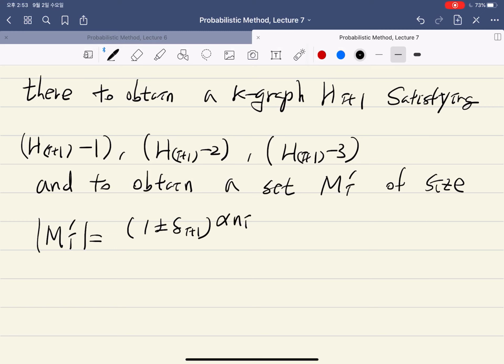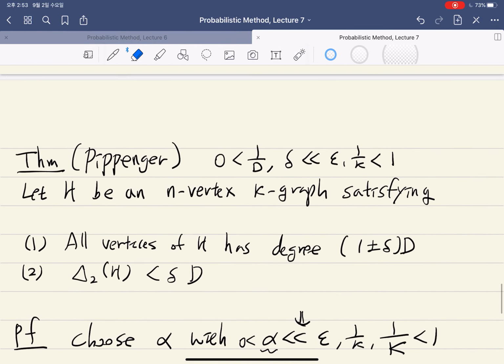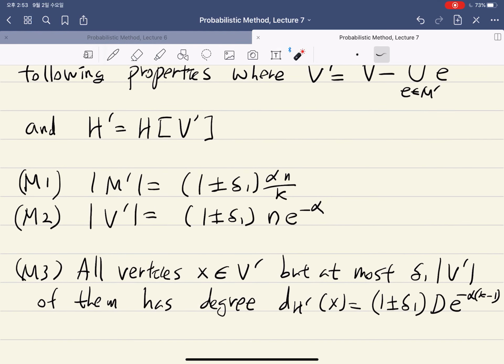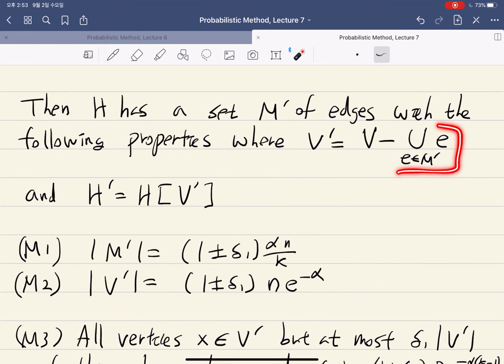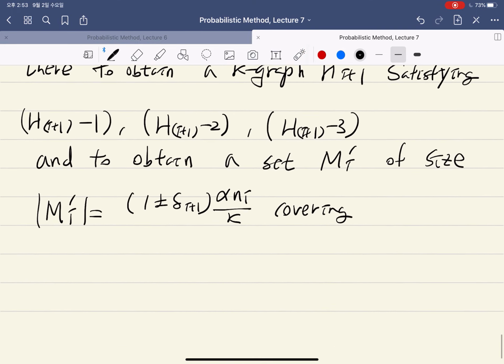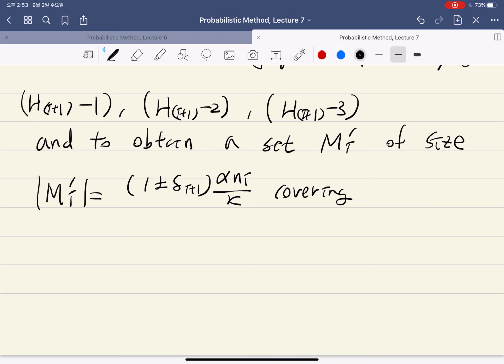Alpha n i over k, covering, we have the second condition. Because of this, once we delete all the vertices in here, then the remaining one has this many vertices. Then it covers, initially we have this many vertices.